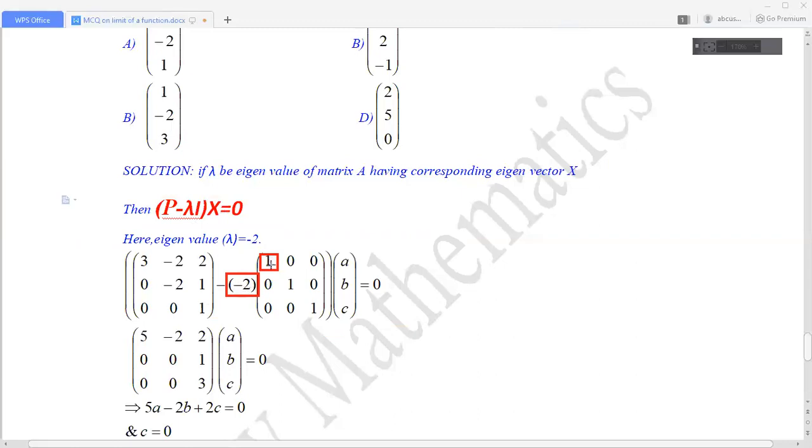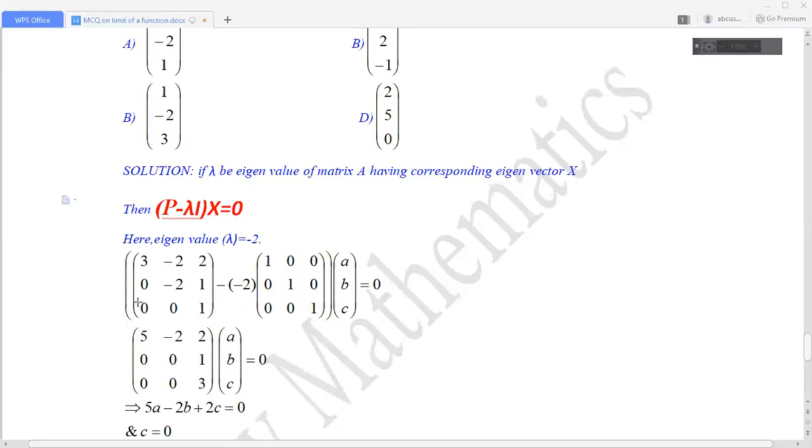Then we perform the matrix addition: 3 plus 2 is 5, and -2 times 0 is 0, so that entry is not affected. First we multiply the scalar with this matrix, and then we add these two matrices.